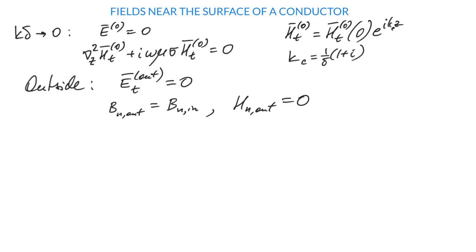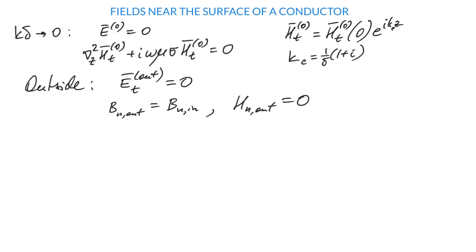If that's all we need, then we don't need to go any further with a discussion of the fields in the conductor. Now, in order to find the decay parameter for any modes in the waveguide or resonant cavity, we need to know the electric field to first order in kδ.